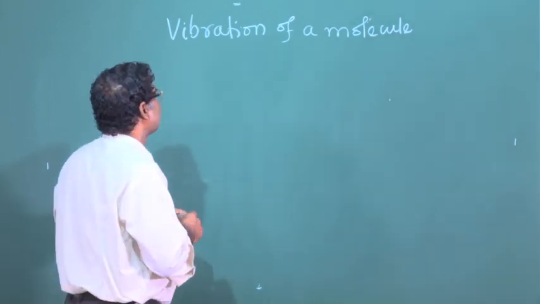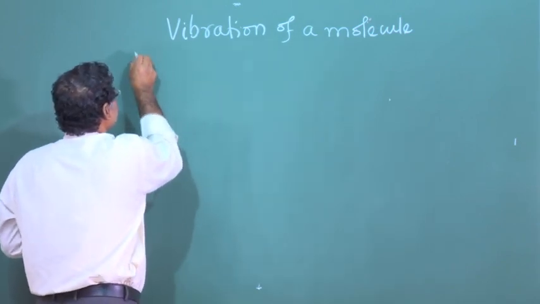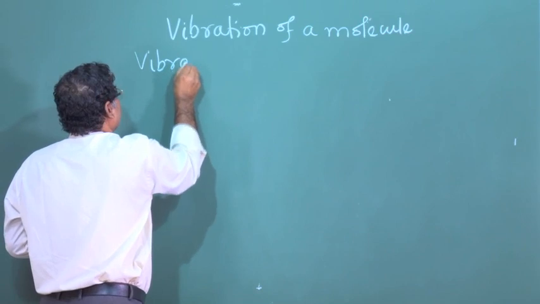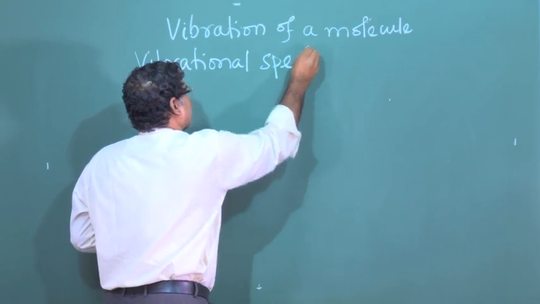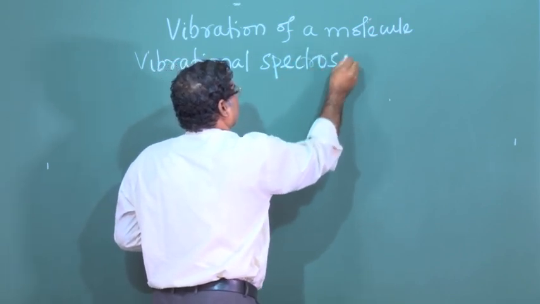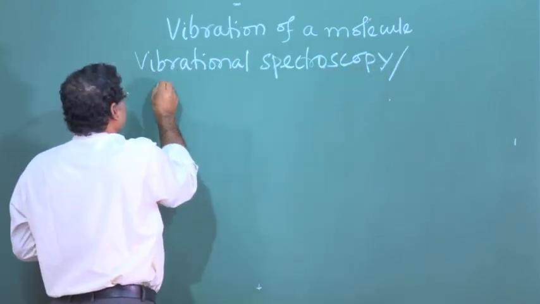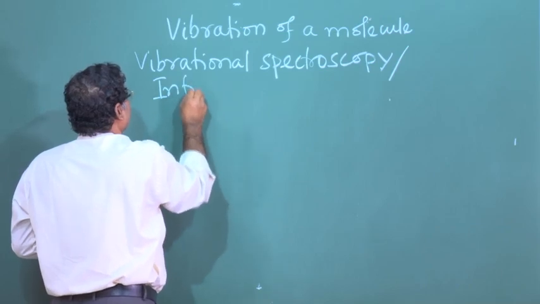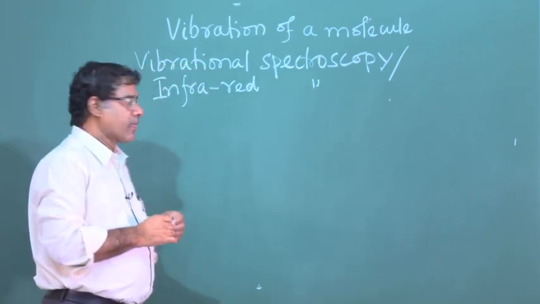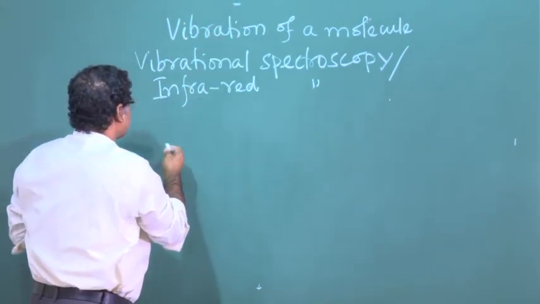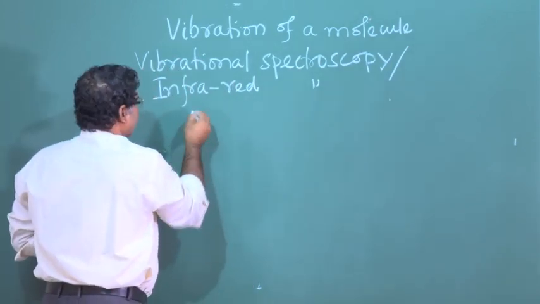In case of vibration of a molecule, we basically get vibrational spectroscopy, or it is called infrared spectroscopy. So, some molecules are infrared active and some are infrared inactive.